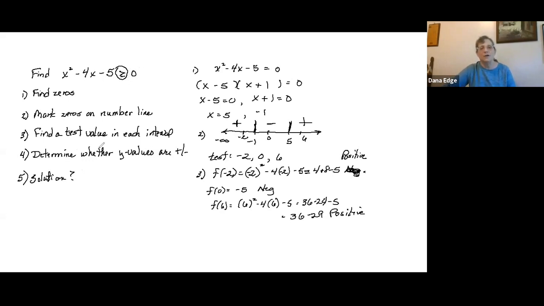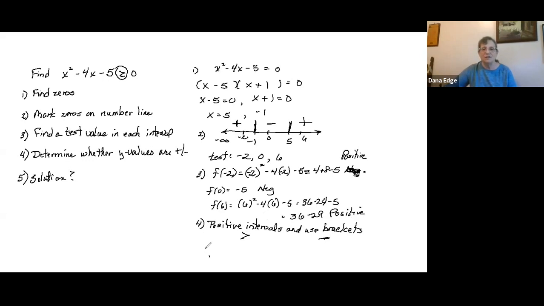So I'm looking for the positives. I'm looking for the positive intervals. And I'm going to use brackets. Brackets because it's got the equal to part. Positive because it's got that. Brackets because it's got that.